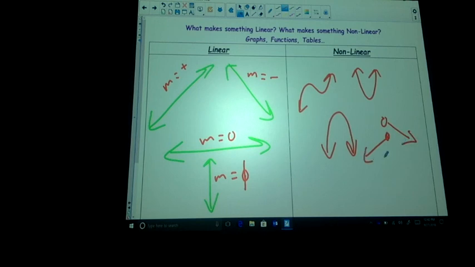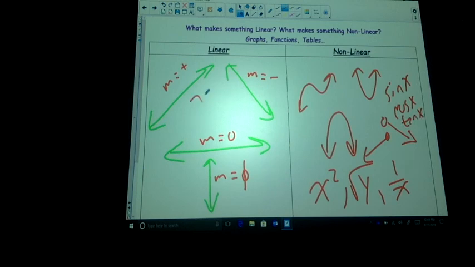So again, you have to make sure that if you had x squared, or the square root of y, or 1 over x, all of those things don't make linear. Or even if you had sine of x, cosine of x, tangent of x, that takes care of sin, cos, tan on your calculators.